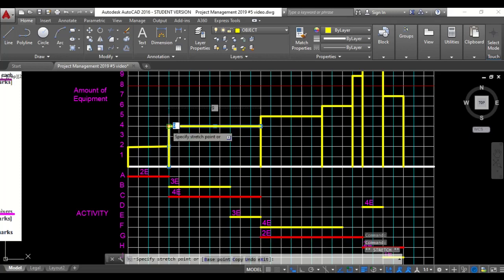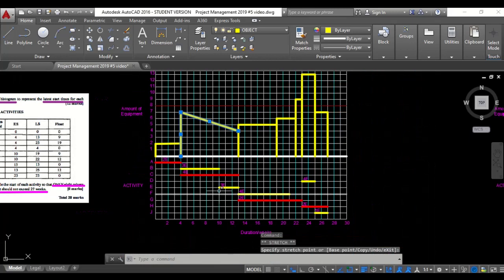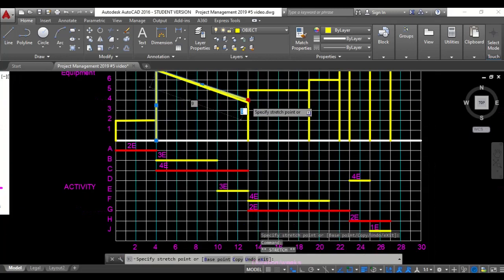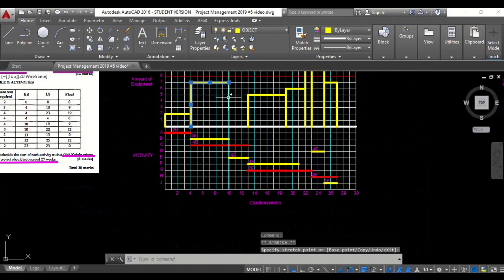So it goes up to 7, and 7 goes to this point. Let's ensure, yes, 7 goes to that point, but 7 actually goes all the way out here. 4 plus 3 here, but then 4 plus 3 here as well. Good. So I move this up.